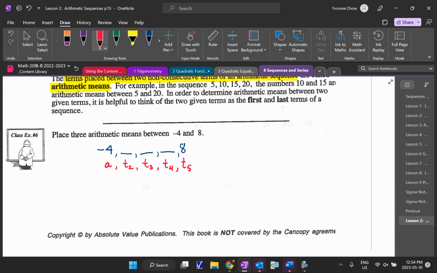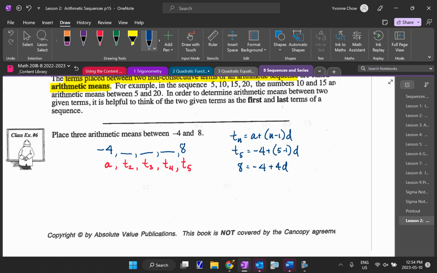Because we have that information, we can go back to our general term formula, which is Tn is equal to a plus n minus 1 times d, and substitute in what we know. Term 5 is equal to a or -4 plus 5 minus 1 times d, and term 5 is 8, so we'll put that in: 8 is equal to -4 plus 4d.